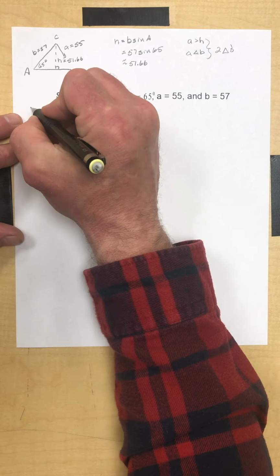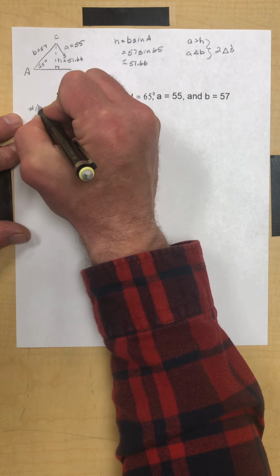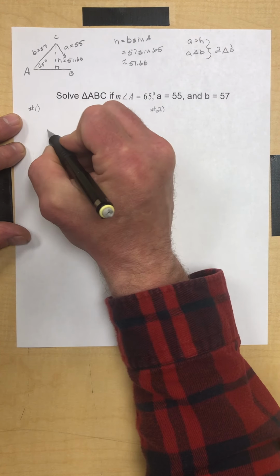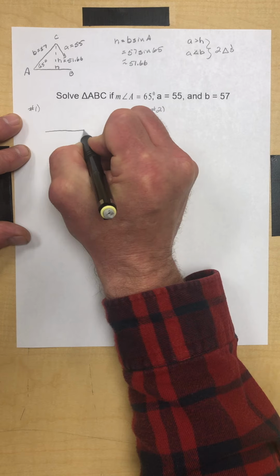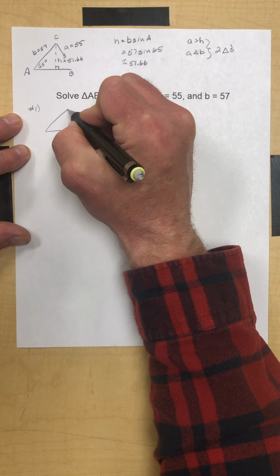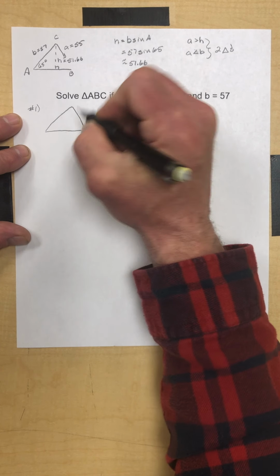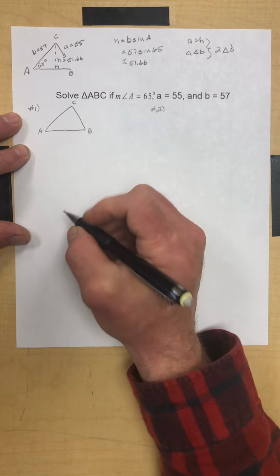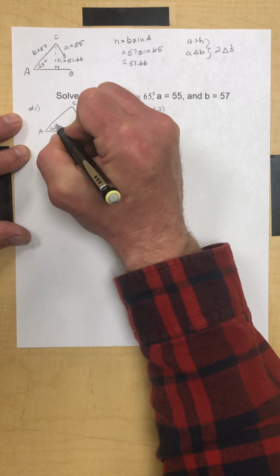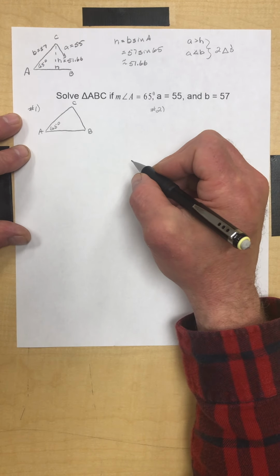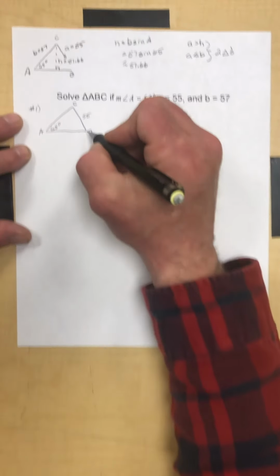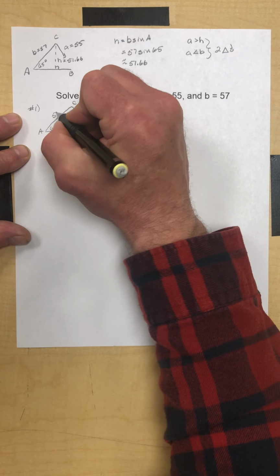So let's see. I've got triangle number 1 and triangle number 2. Let's see what they look like. This guy, something like this, with A here, B here, C here. We know angle A is 65 degrees, little a is 55, and little b is 57.